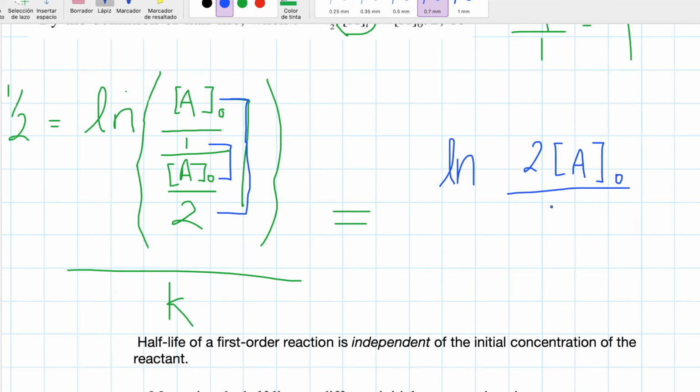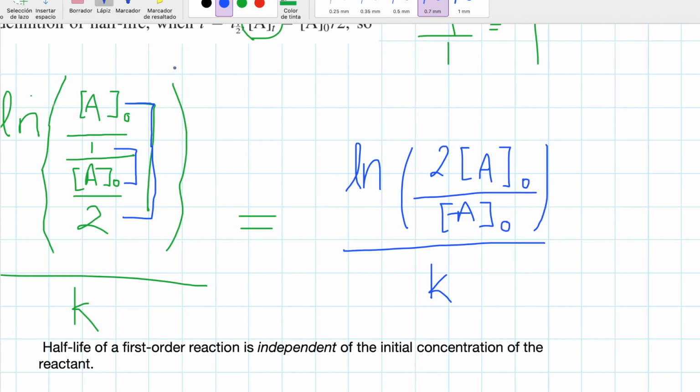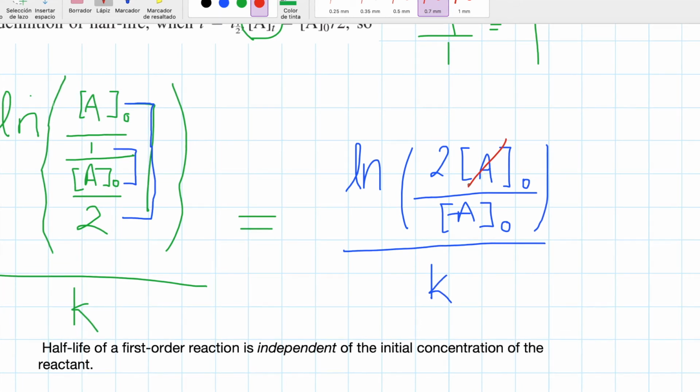So ln of 2 times initial concentration over initial concentration, over k, right?